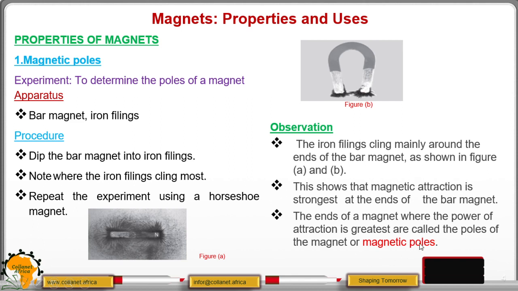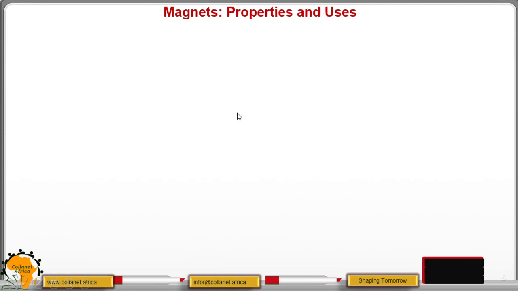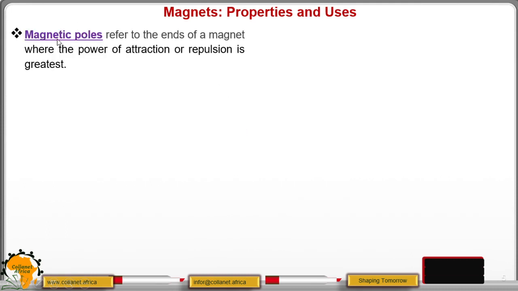So when you want to define the magnetic poles, we say that they are edges of a magnet where magnetic force is greatest. Or we have the definition that this refers to the edge of the magnet where the power of attraction or repulsion is greatest. That is our first property.